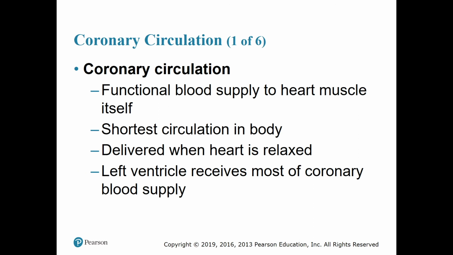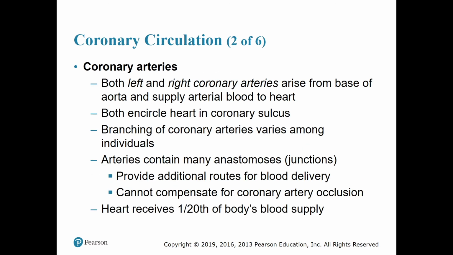Circulation. So it's basically the functional blood supply to the heart muscle itself. It's the shortest circulation in the body, and it's delivered when the heart is relaxed. The left ventricle receives most of the coronary blood supply. Coronary arteries. So both the left and right coronary arteries arise from the base of the aorta and supply arterial blood to the heart.